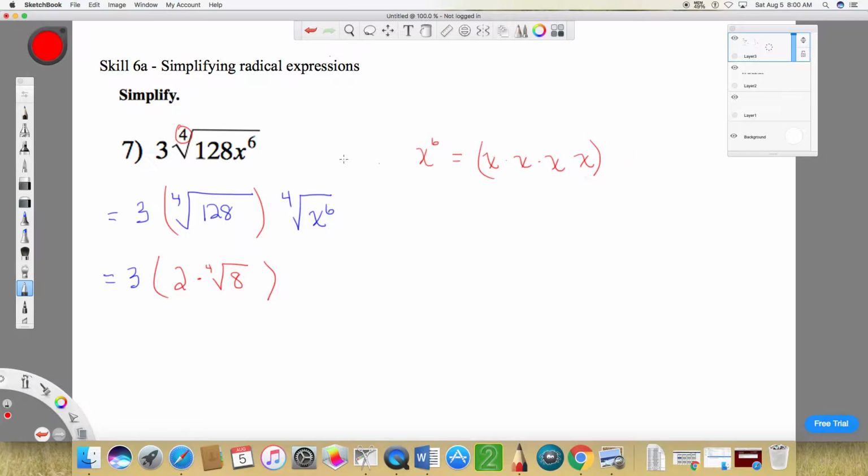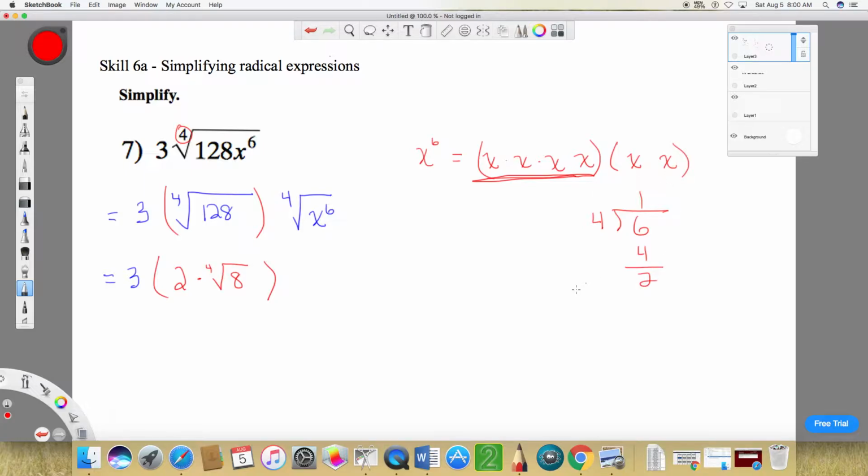But remember, we're looking for groups of 4. So we have one group of 4, but then we have 2 remaining. So again, I will do division. 4 goes into 6 one time with a remainder of 2.